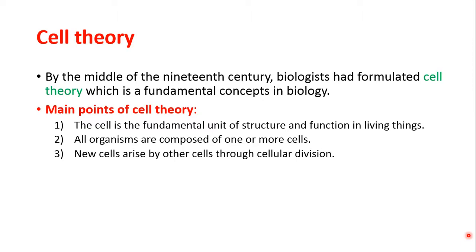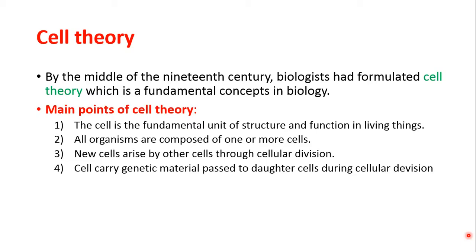In cellular division, as in mitosis, one cell divides into two and two daughter cells are formed. There are two types of division. First is karyokinesis, in which the genetic material divides, and then cytokinesis, in which the cytoplasm divides and one cell gives rise to two cells. In this way new cells arise from other cells through cellular division.